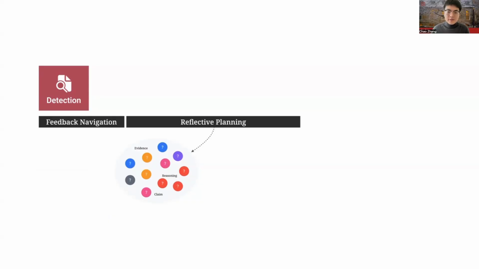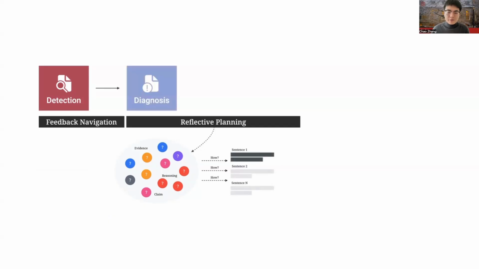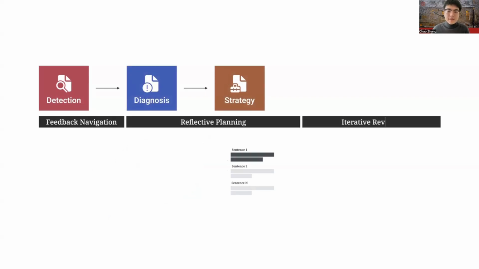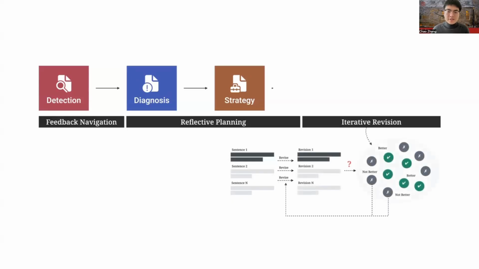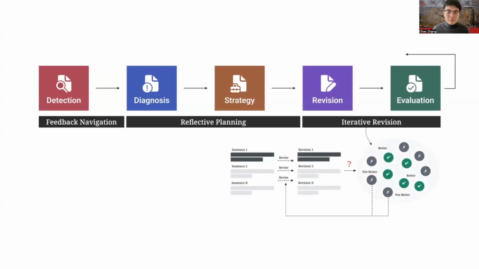It is difficult for them to identify the core problems in the text that the feedback addresses. They also sometimes lack knowledge of appropriate strategies for effectively implementing feedback. And lastly, even after revising, it's hard for novice writers to assess their changes timely and make informed iterations.